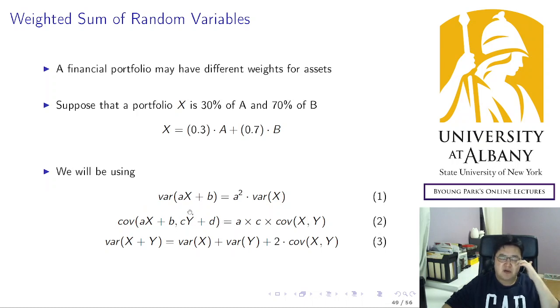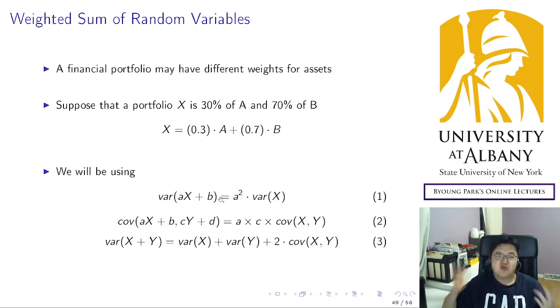First, remember, when you multiply a random variable by A, its variance is multiplied by A squared. You remember this from chapter 4. Second, when you multiply X by A and Y by C, their covariance is multiplied by A and C. In the first two formulas, addition does not make any difference.